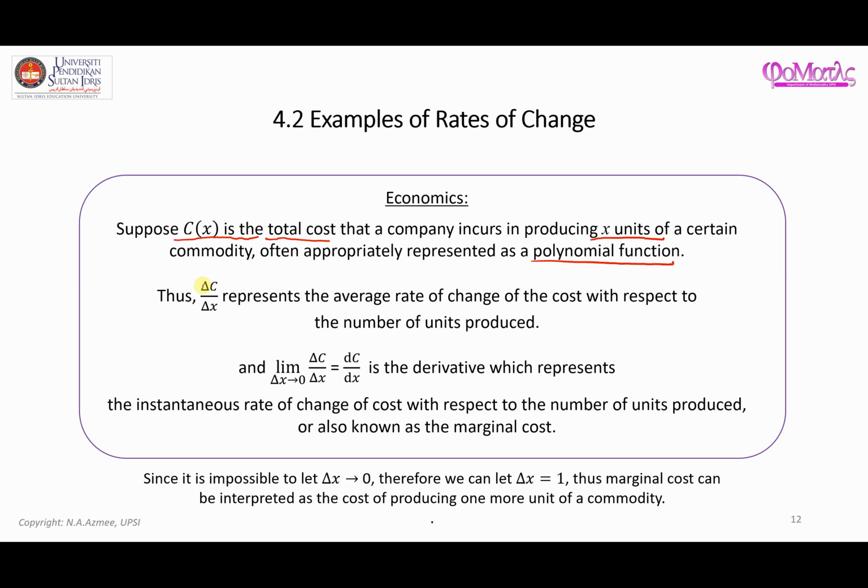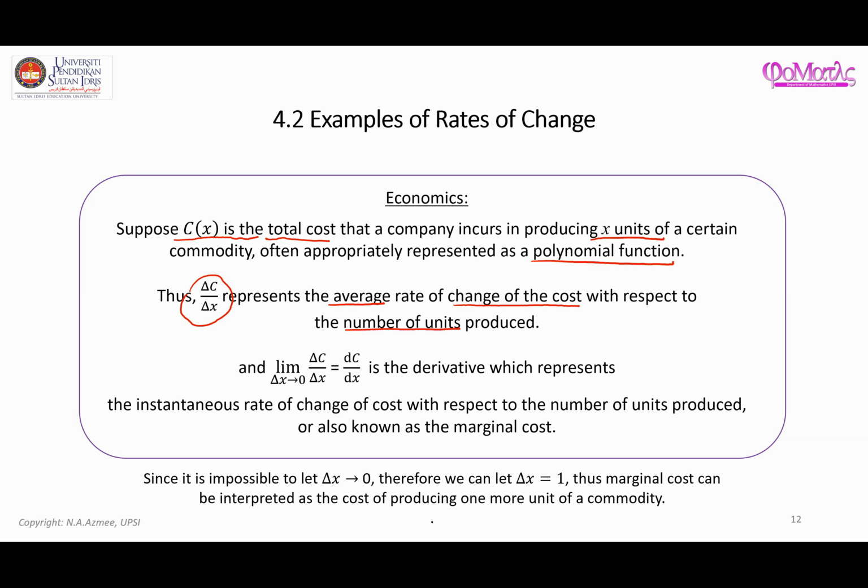Therefore, ΔC over Δx represents the average rate of change of the cost. ΔC here is the change of the cost, with respect to Δx, the number of units produced.